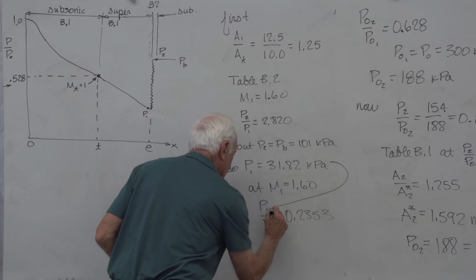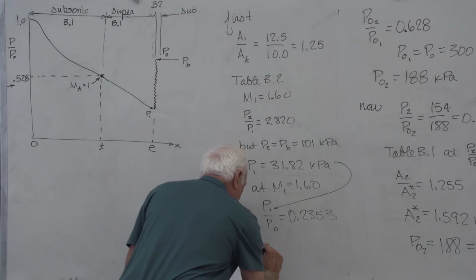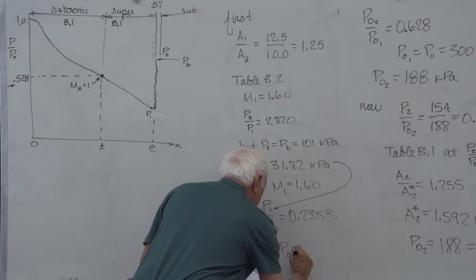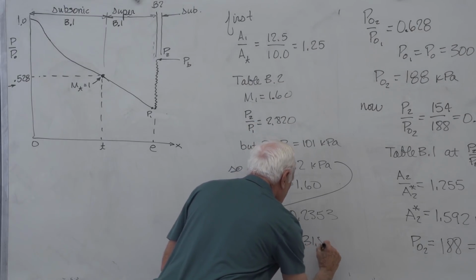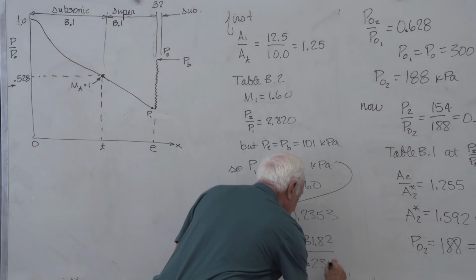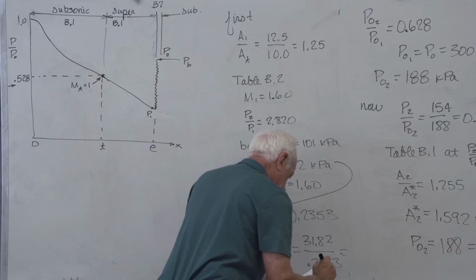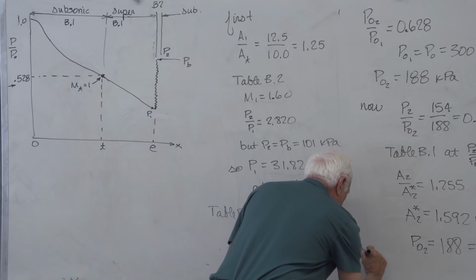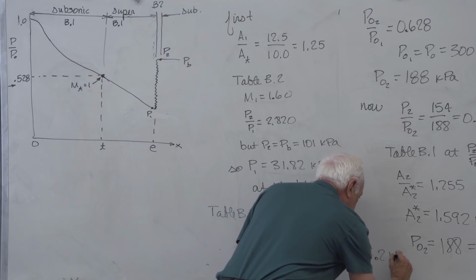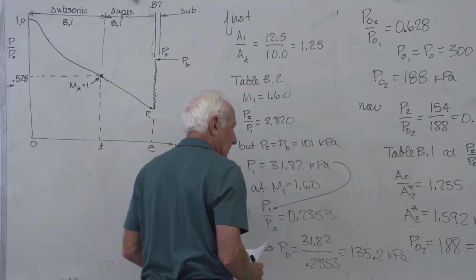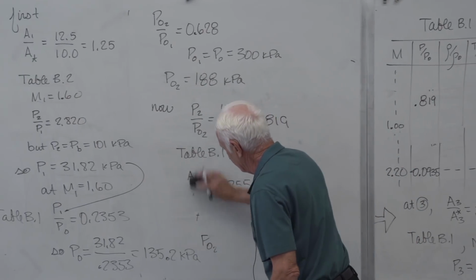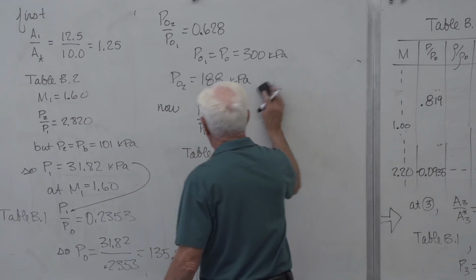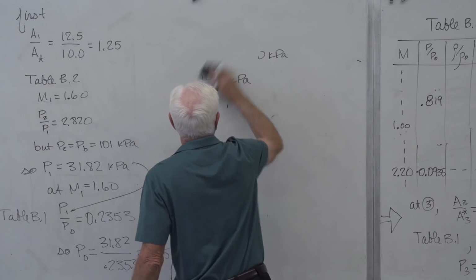Yeah, I found P1's right there. So solve for P naught. P naught is equal to P1 divided by 0.2353, and that gives me 135.2 kPa. So that's how I find the pressure in the reservoir in order to cause the shock at the exit plane.